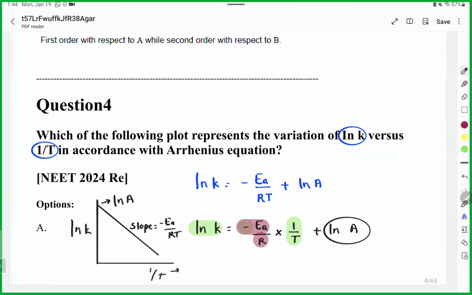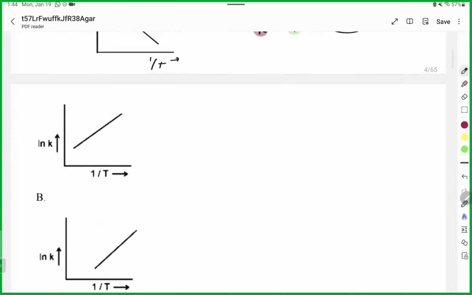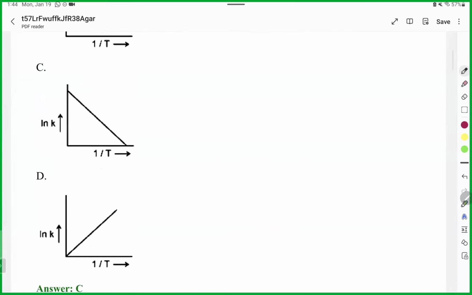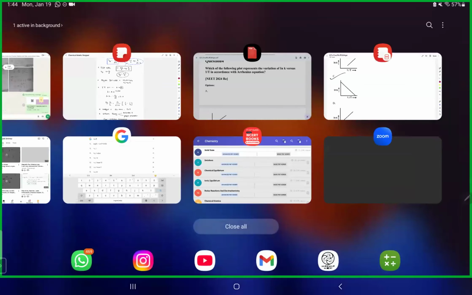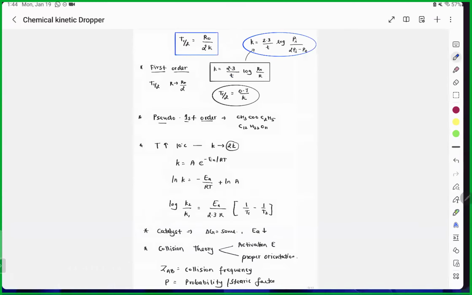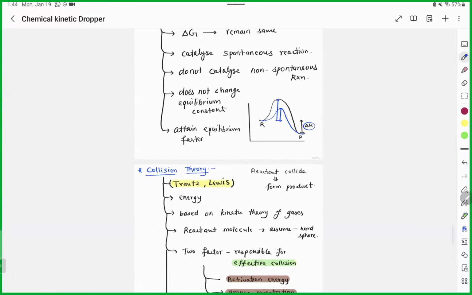Now, if you know all these things, you don't need to be bothered about how the graph is given. Correct? Yes or no? And we did the same thing, and I even taught this.